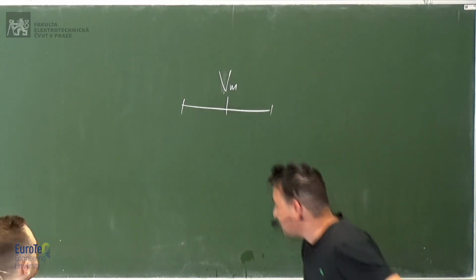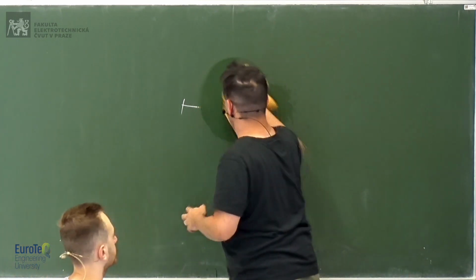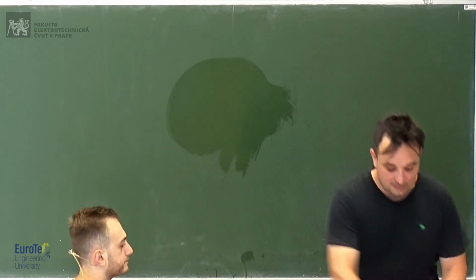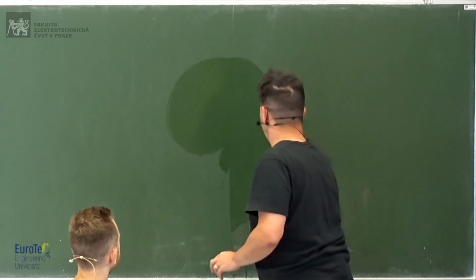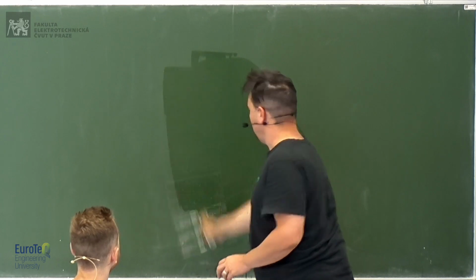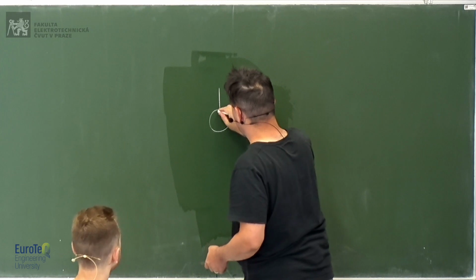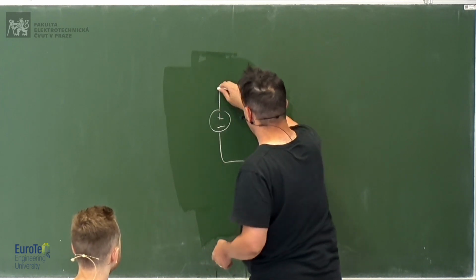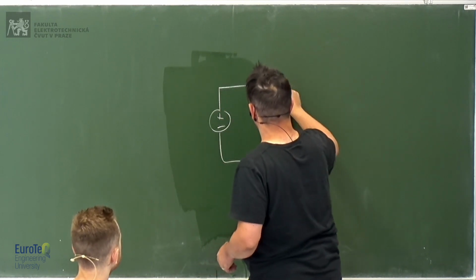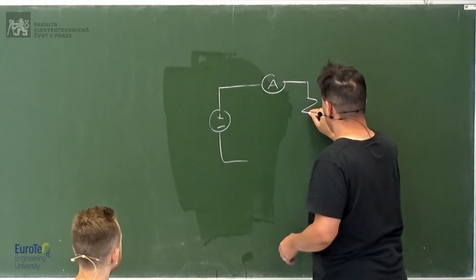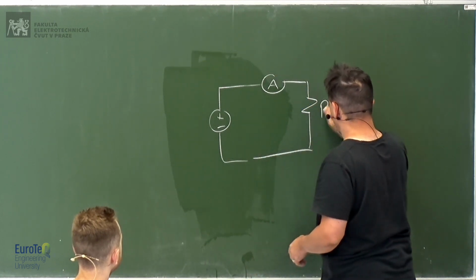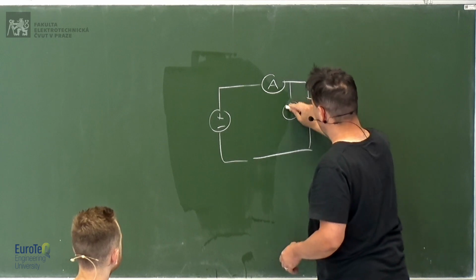For instance, let's say that you want to measure a resistance, okay? So DC value of the resistance. Here you have your meter. Here your resistance that you want to measure.